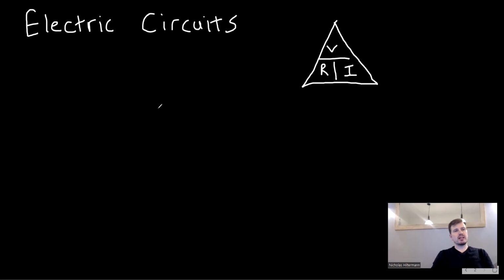Ohm's law is quite an easy one. You just got to remember this equation, okay? Because this is voltage, this is resistance, and this is current. And so we could say that the voltage, V equals R, we'll make it in terms of I.